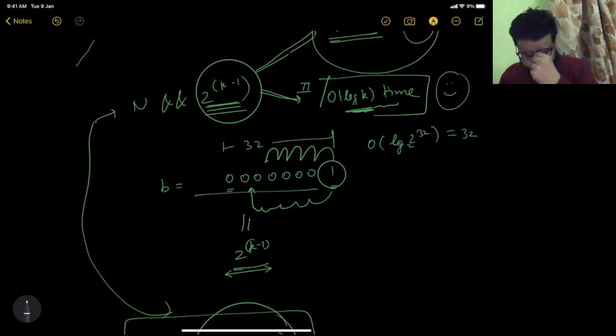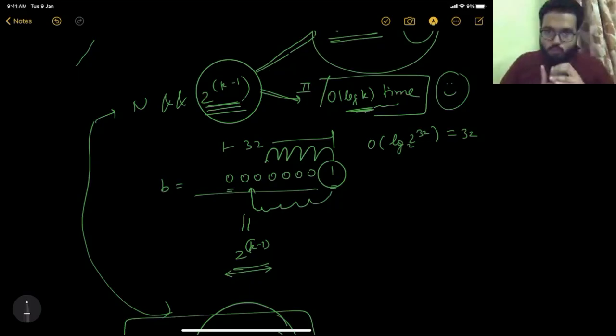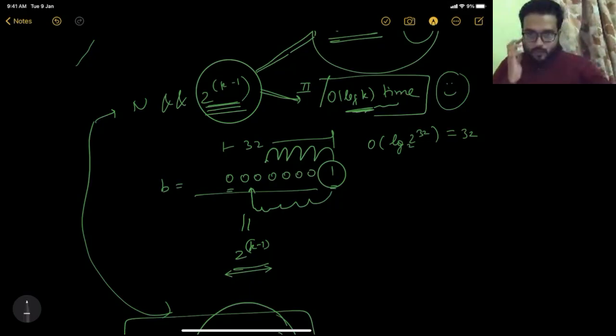But when we do this bit shift operation, the compiler just removes the front 31 bits and makes it 1 at the end, right? Not the first 30 bits. I'm not changing my n. I took another number 1 and I shifted it k minus 1 times.